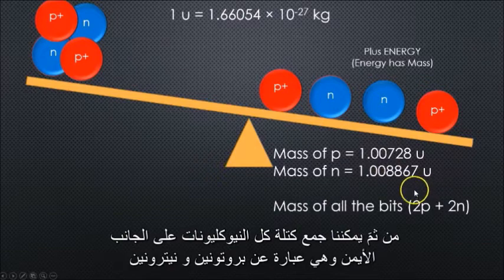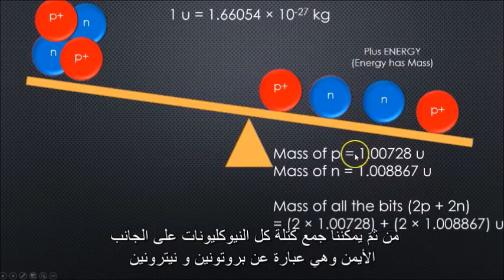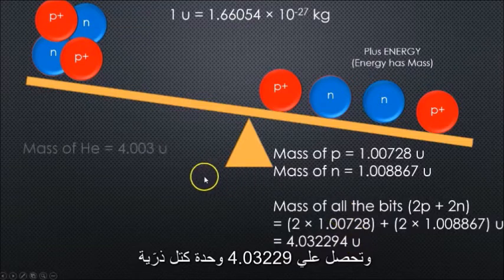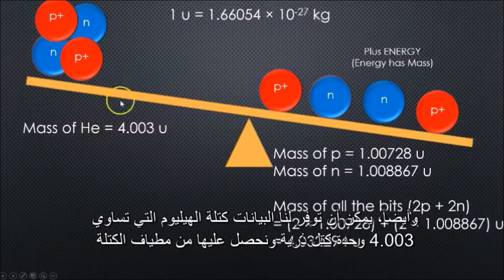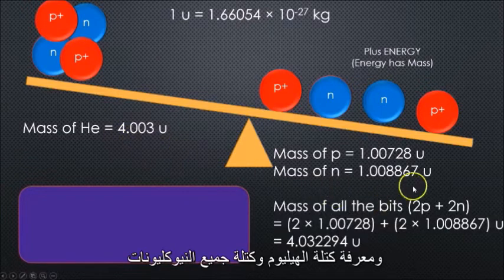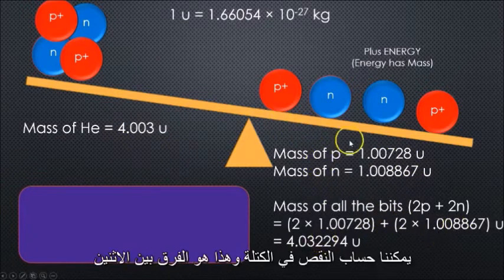So we can add up the mass of all the bits on the right hand side, that's 2 protons and 2 neutrons, and you get 4.03 U, atomic mass units. Again, data can provide us with the mass of the helium. This number would have come from mass spectrometry. And knowing the mass of helium and the mass of all the bits, we can work out the mass defect.